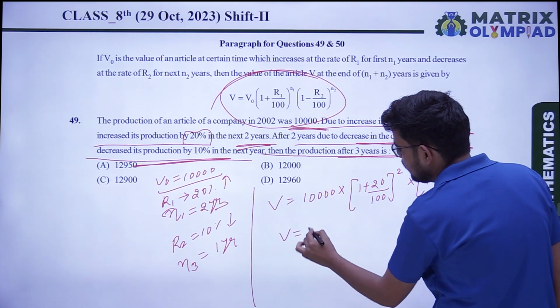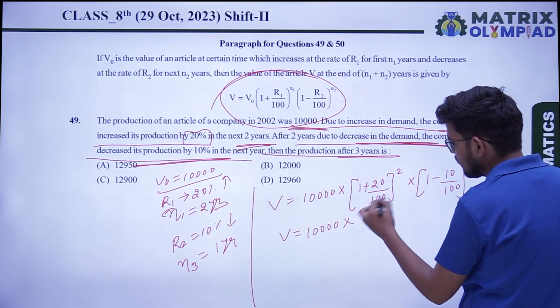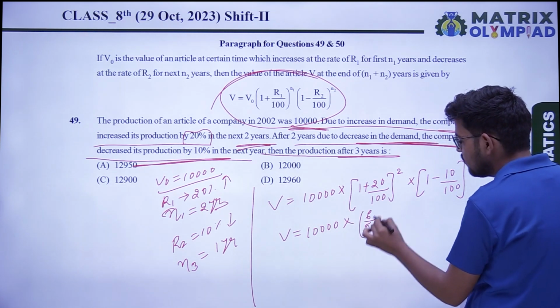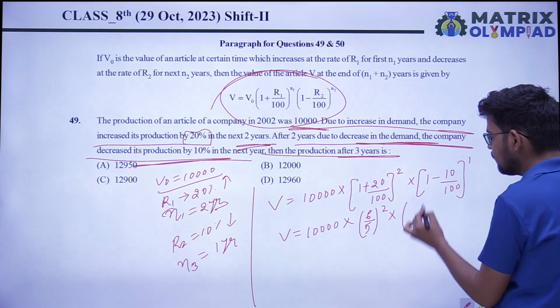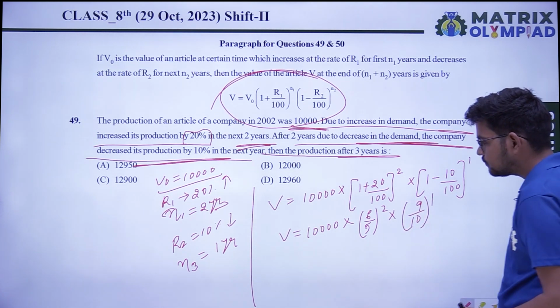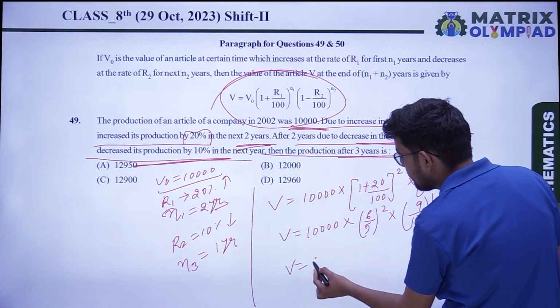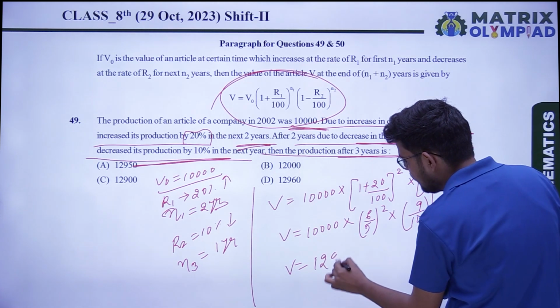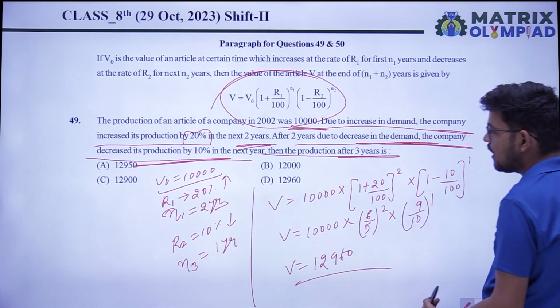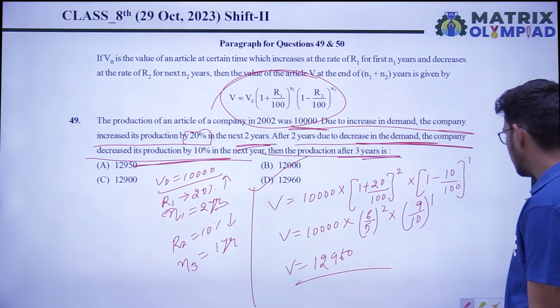So that will be 10,000 multiplied by 6 upon 5 raised to power 2 into 9 upon 10 raised to power 1. So that will be 12,960. So after 3 years the production is 12,960 only.